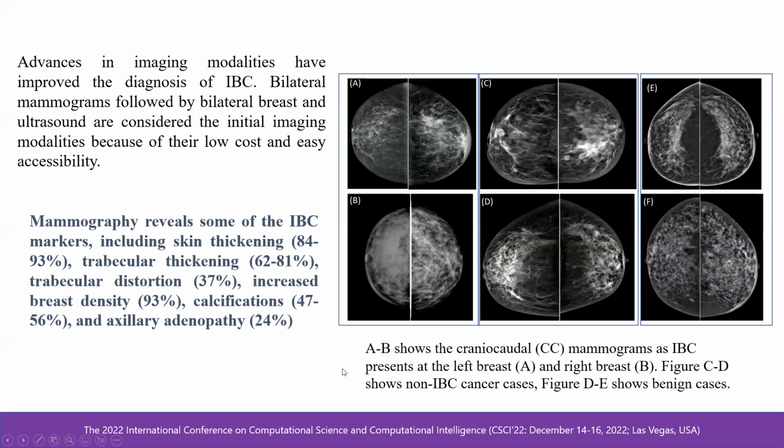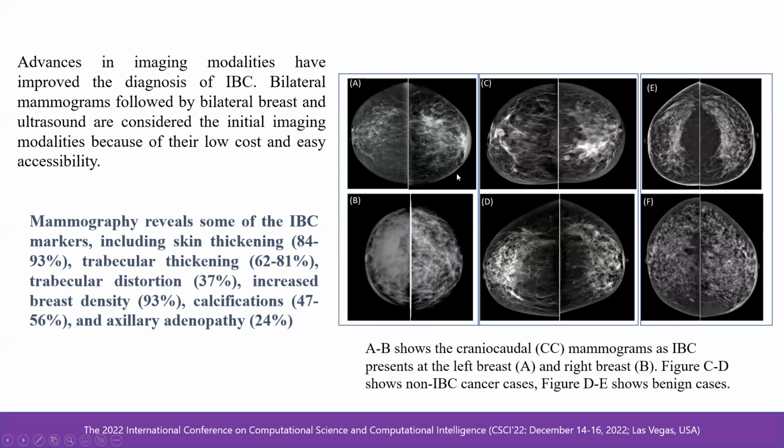In this figure, we have several images. These are CC views of the mammography images. Images A and B are showing IBC cases. Here, we have IBC present at the left breast, and IBC is present at the right breast.